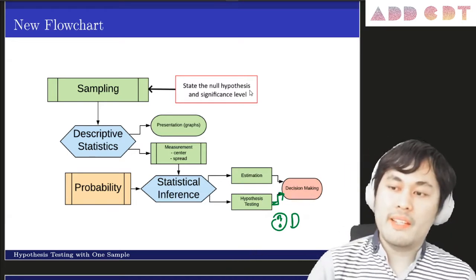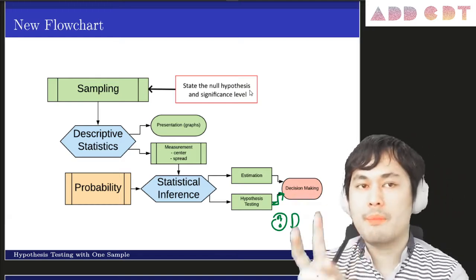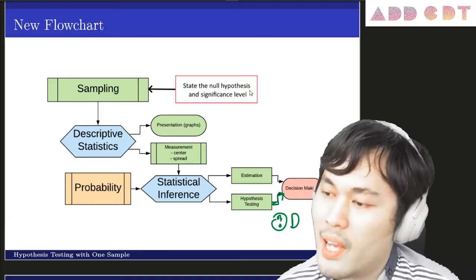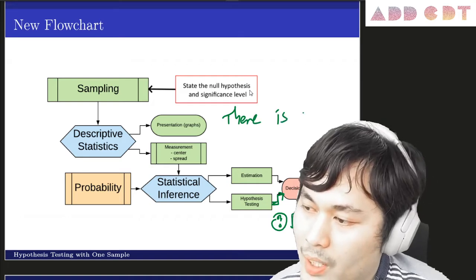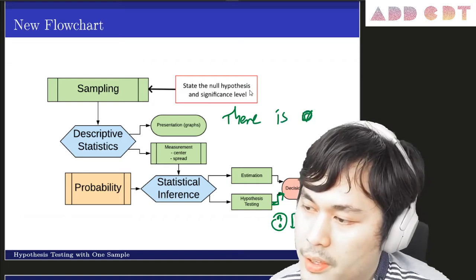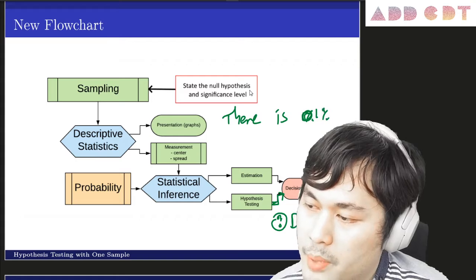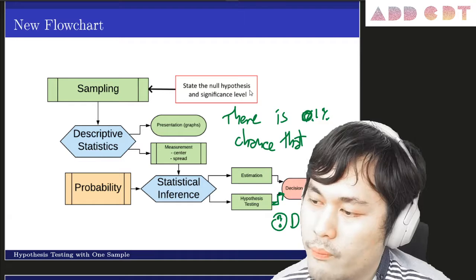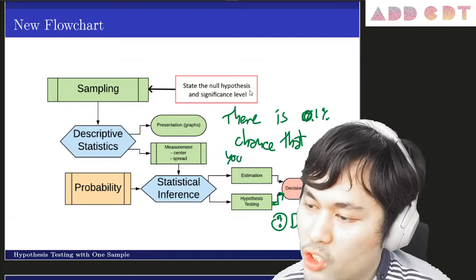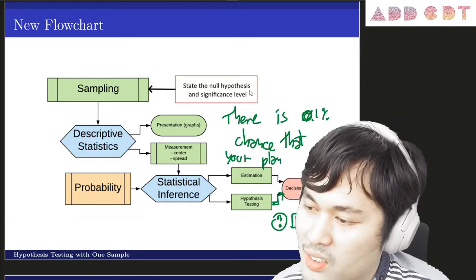So let's say I take a sample and get some numbers, and someone says there's, let's say, a 0.1% chance that, I don't know, your plane will crash.